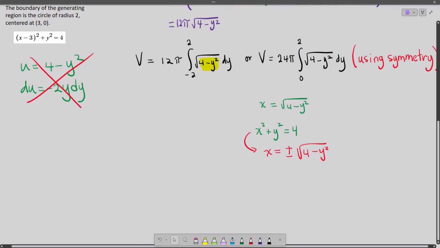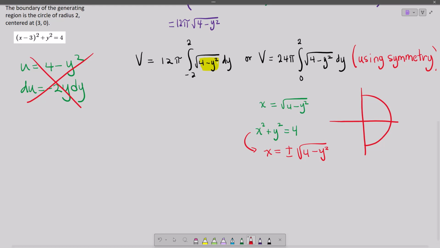So let's draw that. If we look at the right half of that circle of radius 2, it's sort of like that. Now the y values are only going from 0 up to 2. So there's 2, there's 0. So what part of the right half of the circle is this finding? Top. Just that top quarter. So this integral right there is that area.